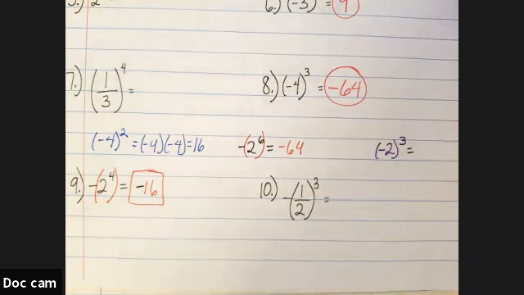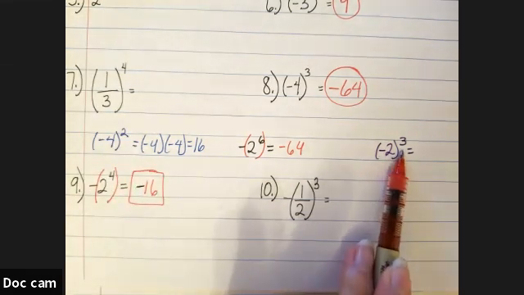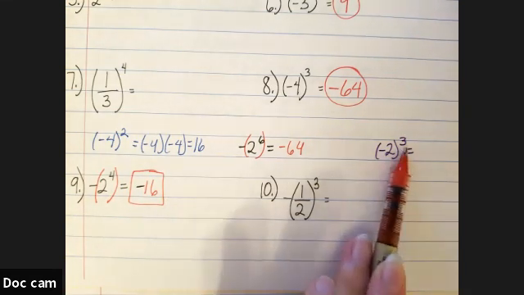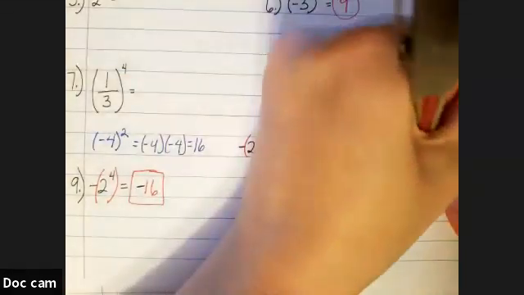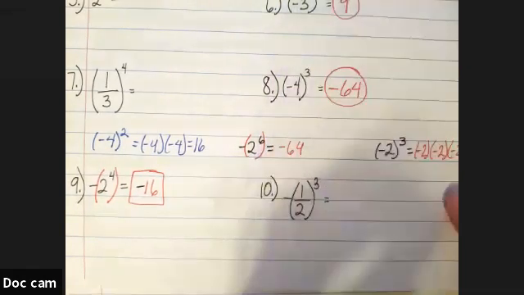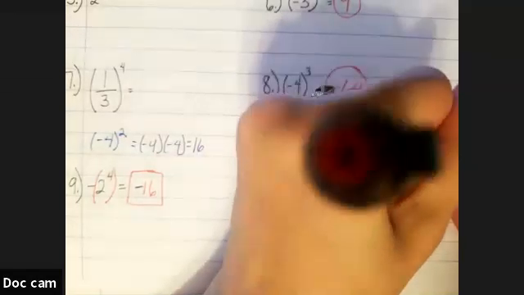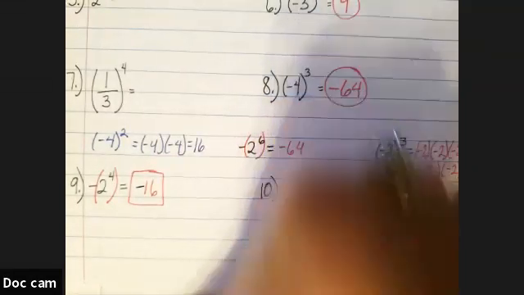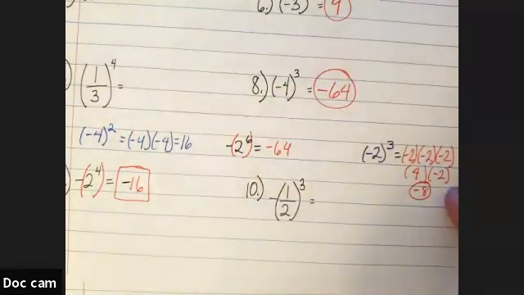Okay, so in this case, it's (-2) to the 3rd power. That 3 is an odd number. If you have a negative raised to an odd power, the answer is still going to be negative because you're doing -2 times -2 times -2. -2 times -2 would equal +4, and then that +4 is going to be multiplied by -2. So that's going to end up giving you -8 for your answer.